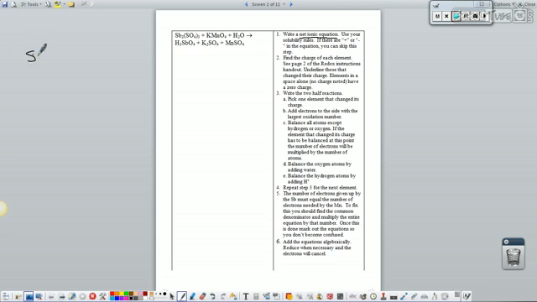So we'll say Sb plus 3 plus SO4 minus 2 plus K plus, because all of the group 1 are soluble, plus MnO4 minus 1 plus water.